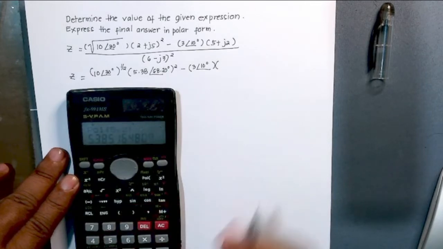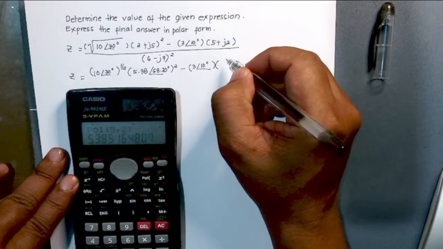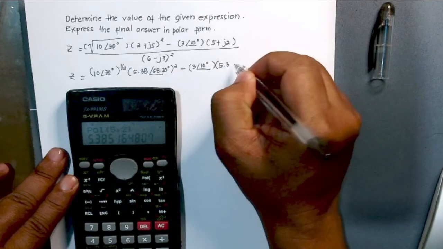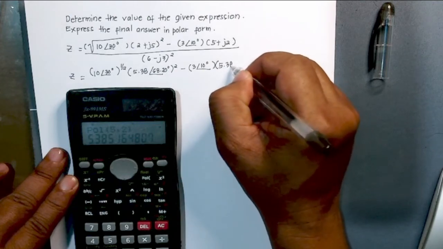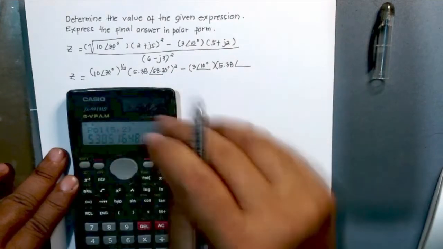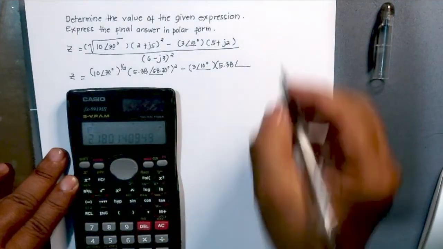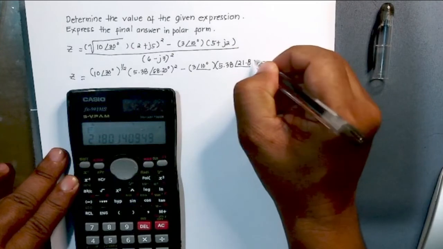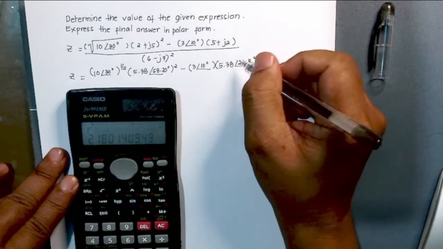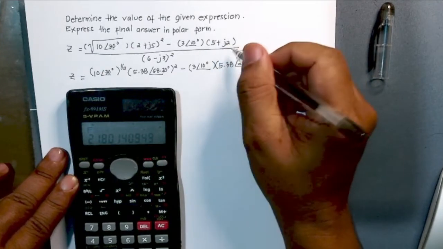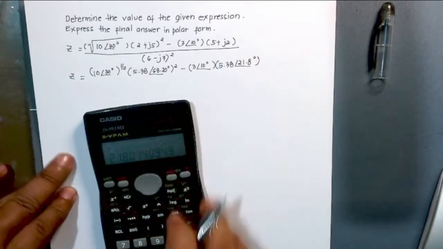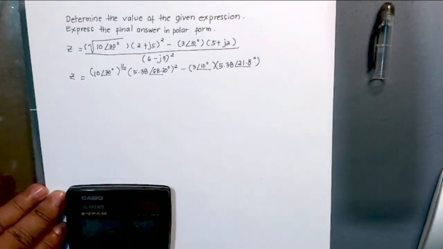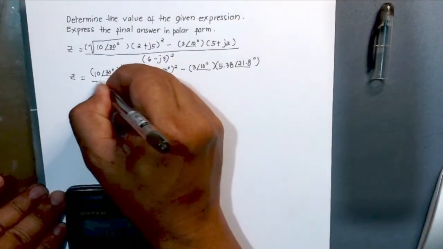Okay, so that will be again 5.38 cis of alpha. Okay, that is 21.8 degrees. So the value of 5 plus j2 is transformed to 5.38 cis of 21.8 degrees. Okay, all over.